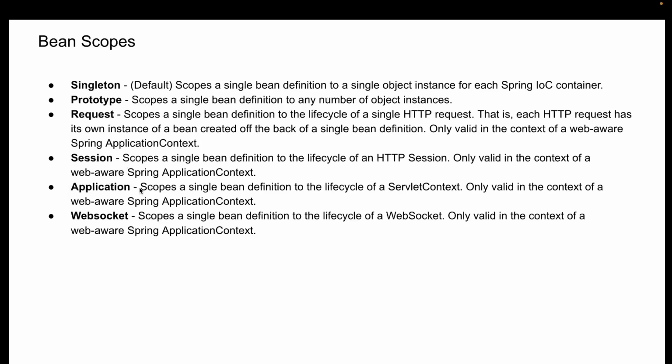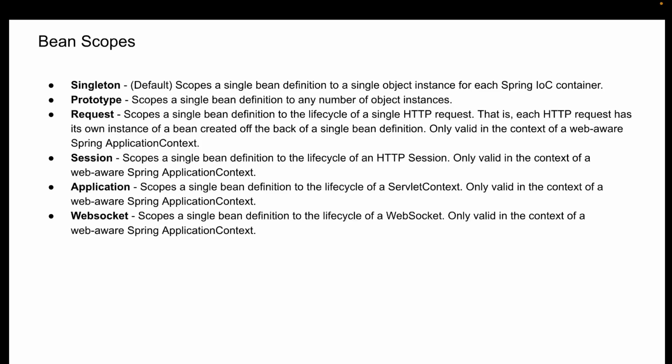Now let's say we have some other bean scope, that is the application bean scope. When we talk about this application bean scope, a single bean definition is given to the life cycle of a servlet context. In terms of the definition, if you read it, it is hard to understand, but understand that there's a Spring bean, and that Spring bean is available to the entire application.